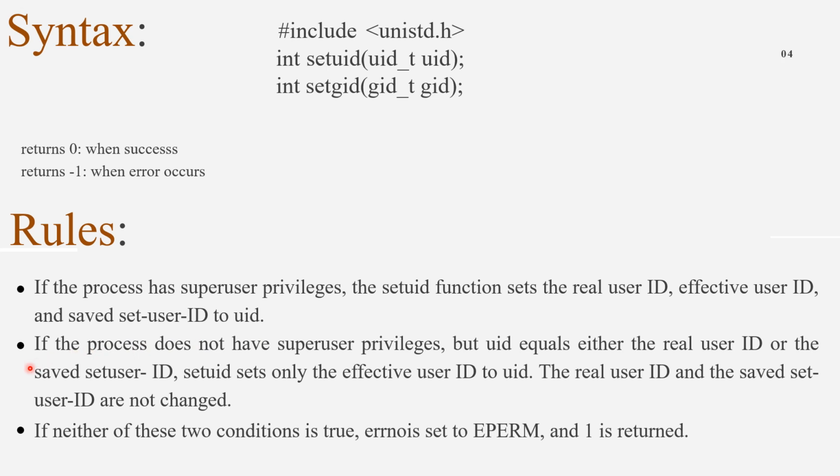If the process does not have superuser privilege, but uid equals either the real user ID or the saved user ID, then setuid sets only the effective user ID to uid. The real user ID and the saved one are not changed. If neither of these two conditions is true, then the value returned will be -1, where errno will be set to permission error.